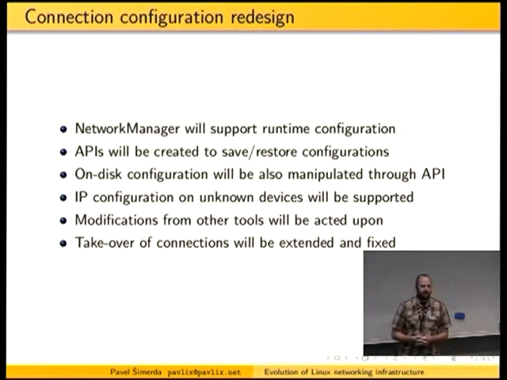This is just one thing that we are working on. There is another. A connection configuration is really user-oriented, or desktop user-oriented, which does not work for us. We'll have to support some runtime configuration that is not saved to disk, or you can save it to disk later, or you can make configuration changes, but then see that they don't work.